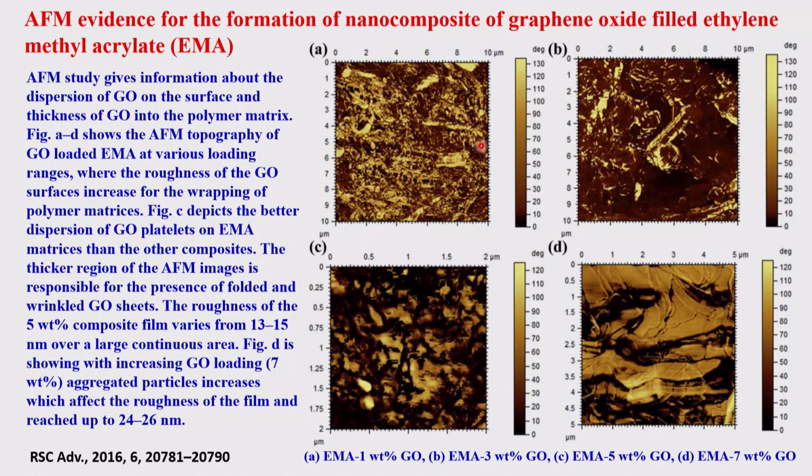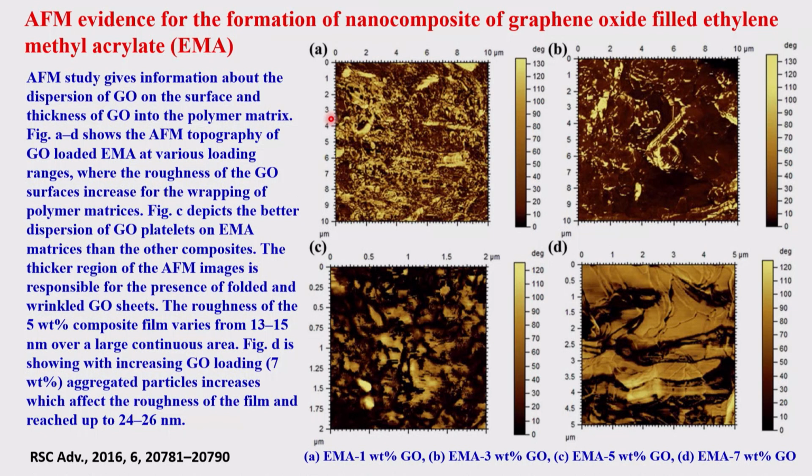These are the AFM images at 4 stages. One is the polymer with 1% graphene oxide, B is with 3% graphene oxide, C is 5%, and D is 7% graphene oxide with the same ethylene methyl acrylate.